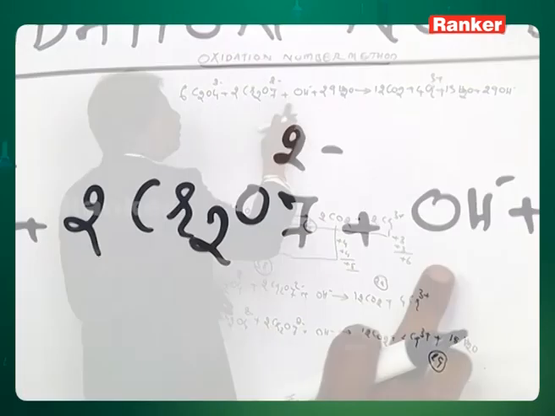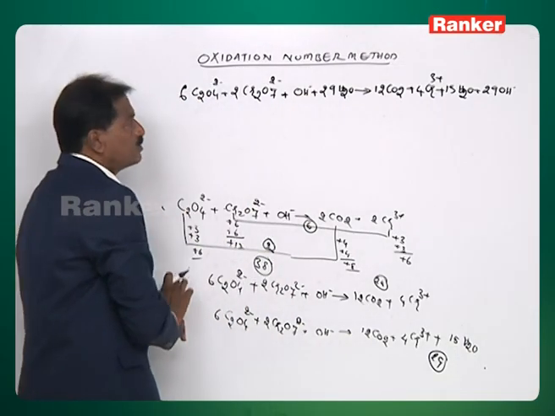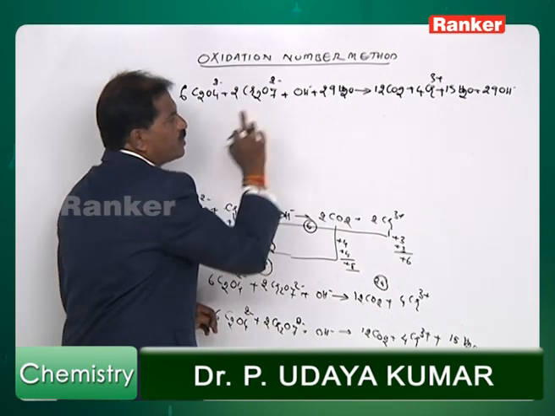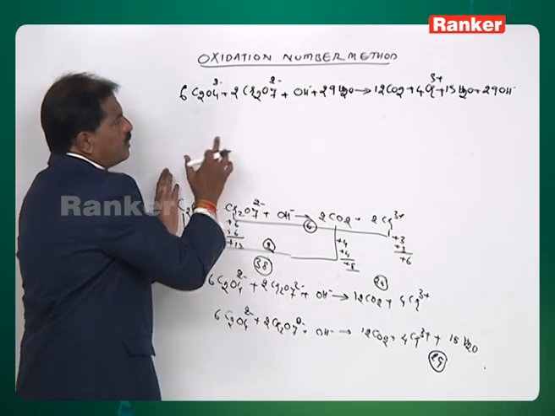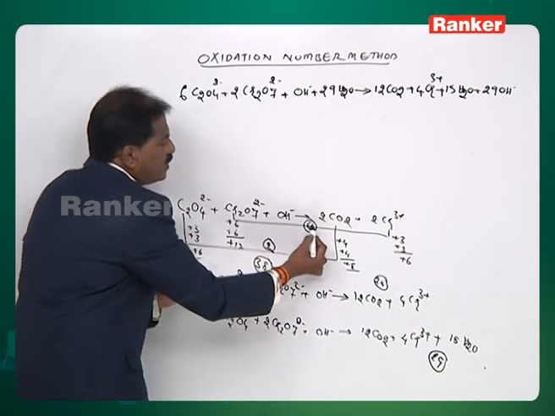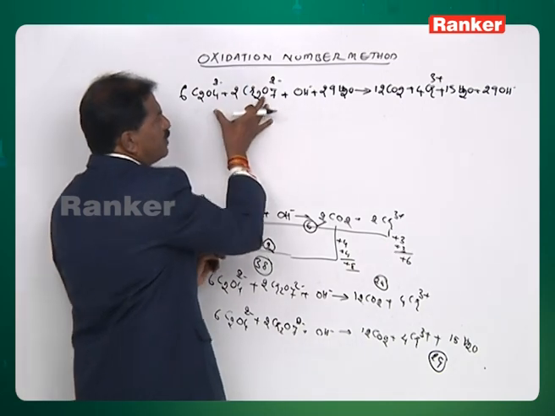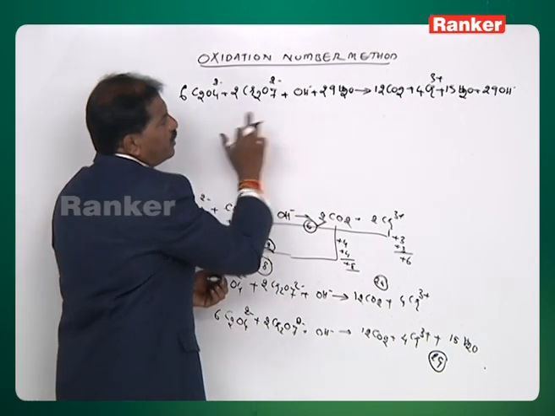Now you see all oxygen atoms have been balanced. All hydrogens are also balanced. Before we started the process, the carbon and chromiums had already been balanced. Then after balancing the carbon and chromium, through the exchange of these numbers, we balanced the charge on the reactant side and the charge on the product side. Now this is the net reaction.